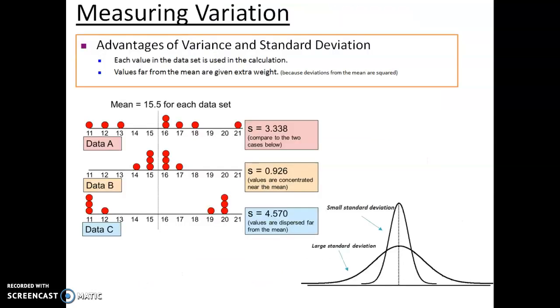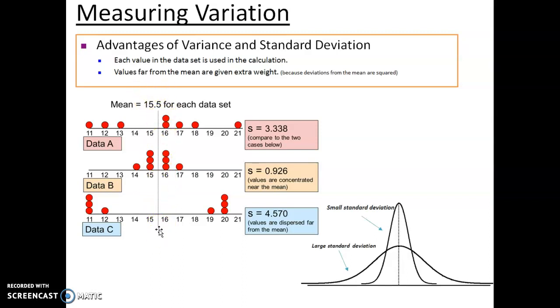All right, now let's talk about measuring a variation in terms of the variance versus the standard deviation. When we look at different data sets, say here data set A, B, and C, each of these data sets has the exact same mean. Okay, it's 15.5.